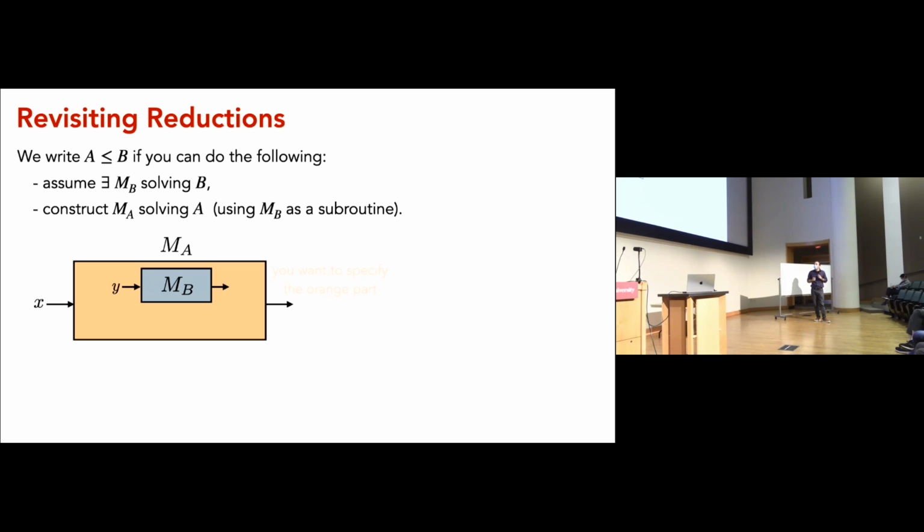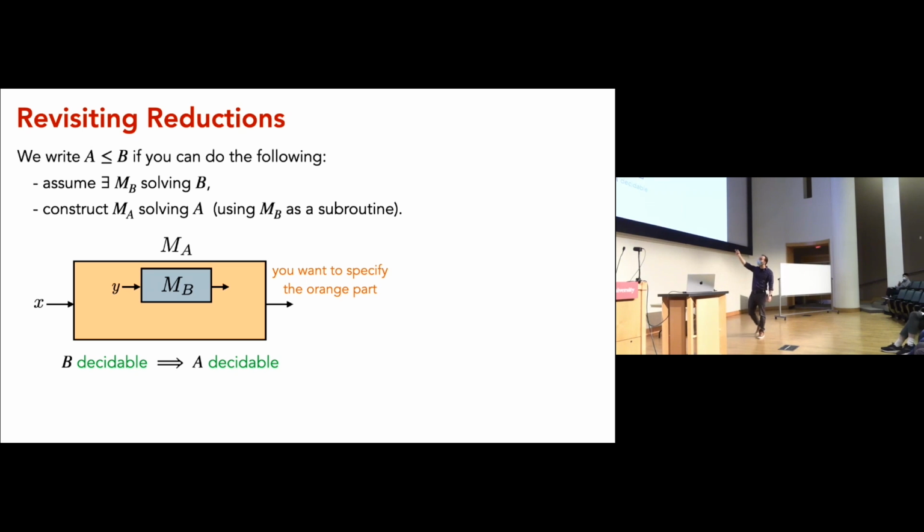Now, if you can do this, if you can actually show that A reduces to B, then notice that, of course, if B is decidable, then A is decidable. If B is decidable, this black box, we can replace it with an actual decider, and then the whole thing will be a decider for M_A.